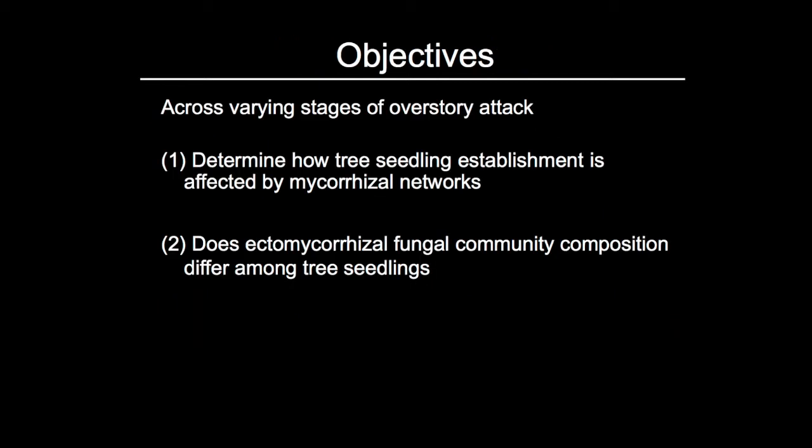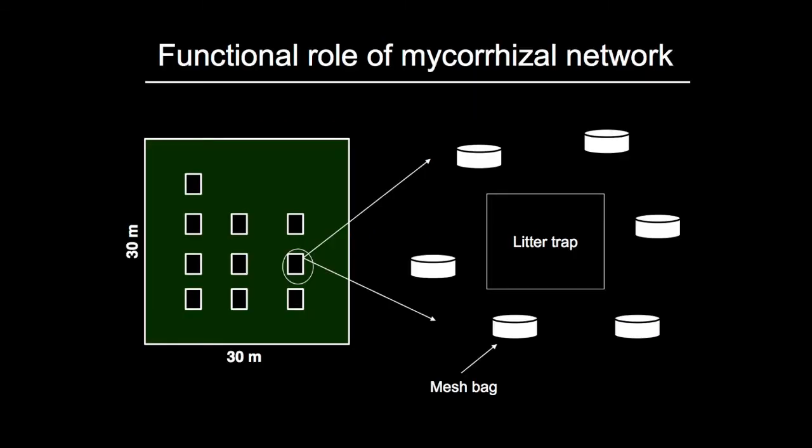And so therefore, looking across varying stages of overstory attack, there are two objectives I am working on. One, to determine how tree seedling establishment is affected by mycorrhizal networks. And two, does ectomycorrhizal fungal community composition differ among tree seedlings? In order to do that, if we look back at the 30 by 30 meter stand, there are 10 litter traps within the stand.